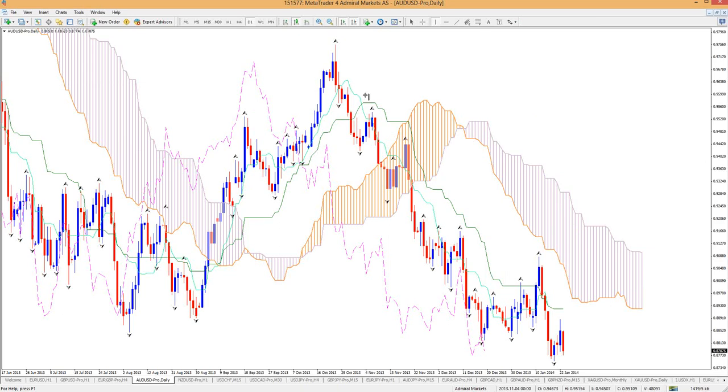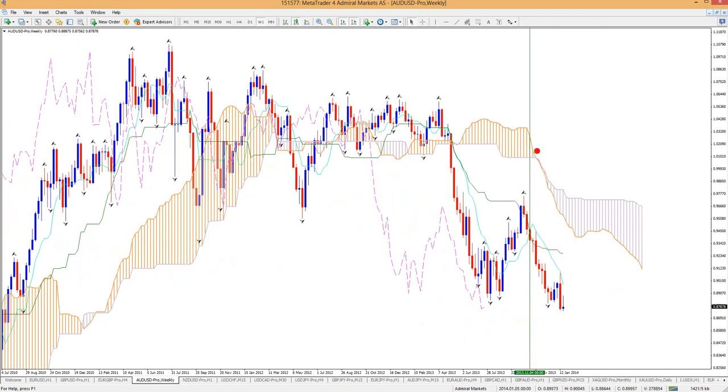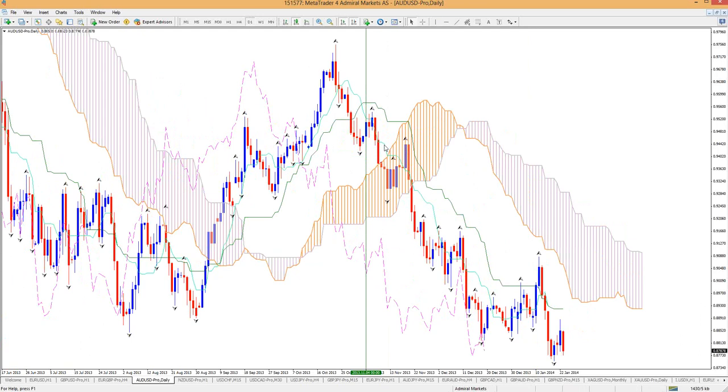And did we have that on the Aussie? Well, I'm pretty sure, but let's check. Yes, we did, right? Downtrend on the Aussie on the weekly chart. Very clear. Sorry about that, I'm drinking some tea. So that was a good weak crossover.